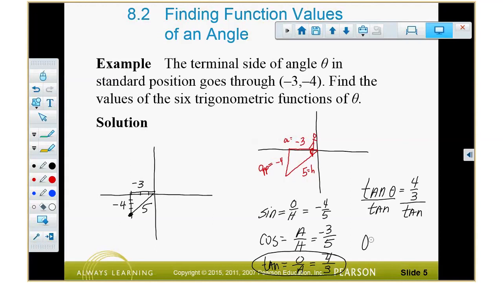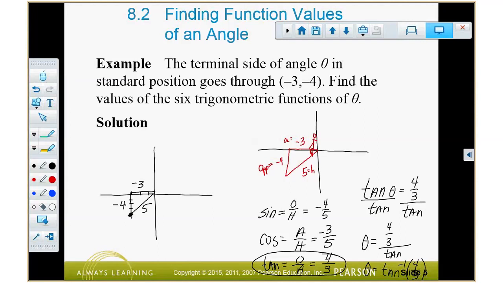Theta is equal to 4/3 over tangent. Now, if I bring that tangent up, what's it going to turn it into? Tangent to the -1. Theta equals tangent to the -1 of 4/3. So you take the calculator and you take 4 divided by 3 and get the inverse tangent.